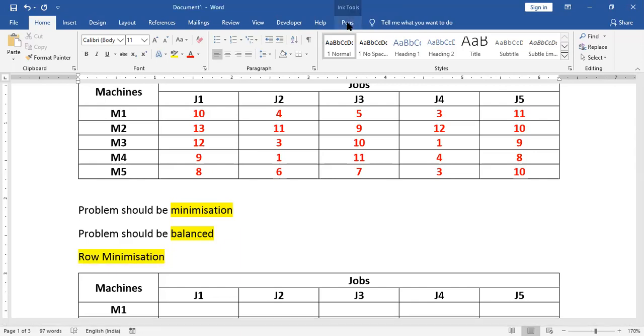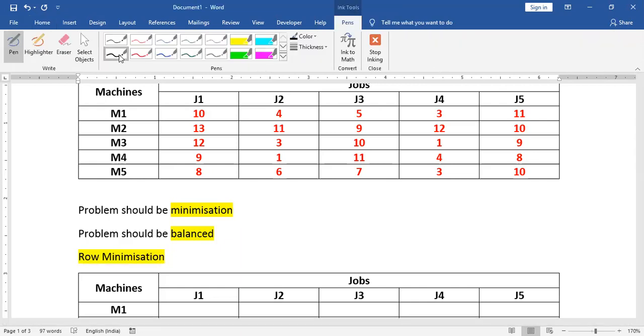If we see the minimum value of the first row, it is 3, right? So you will subtract the minimum value of the first row from the first row. The minimum value of the first row is 3. You will subtract 3 from the first row.